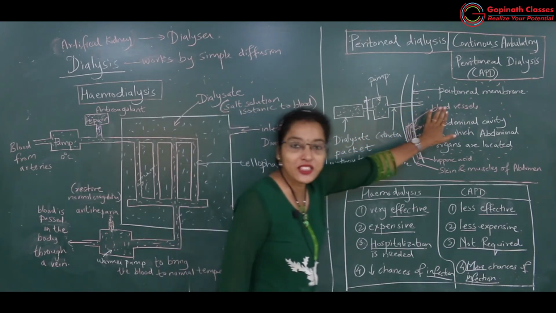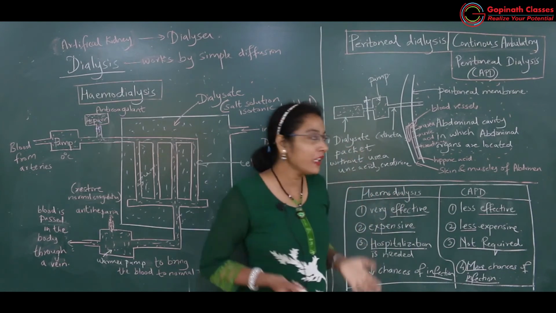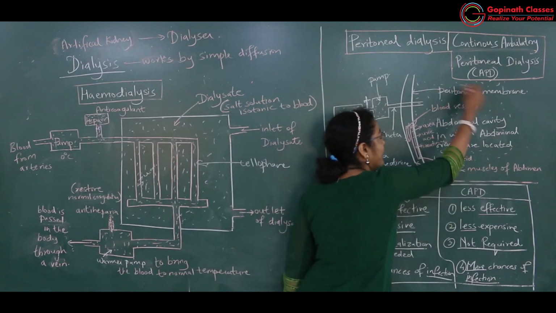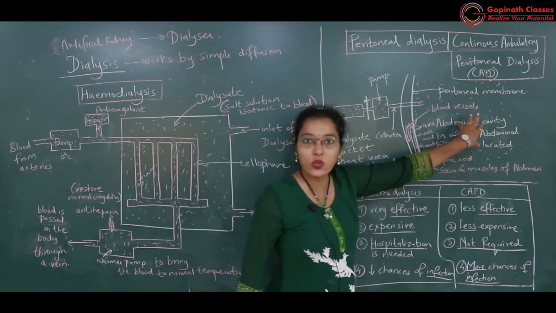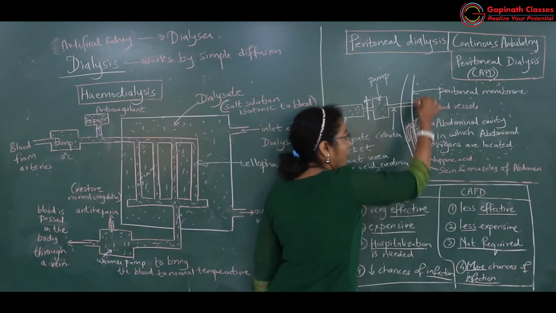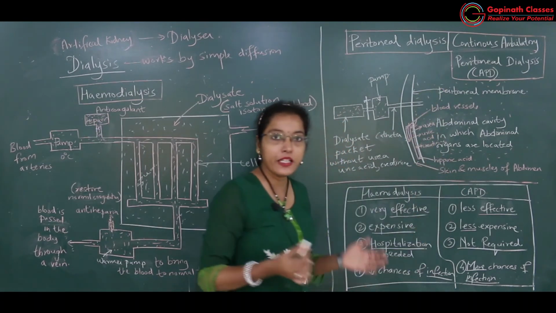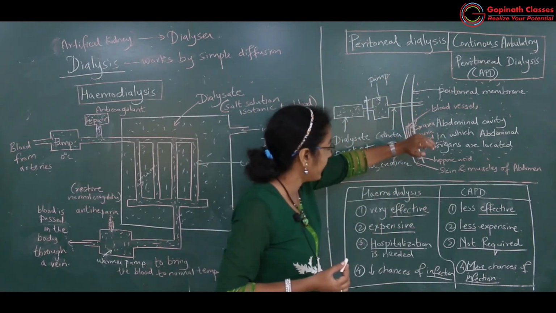Here I have just indicated the abdominal cavity. Okay, so imagine this as the abdominal cavity in which abdominal organs are located. Okay, and this is the peritoneal membrane. Okay, the peritoneal membrane is the membrane which is surrounding this abdominal cavity.